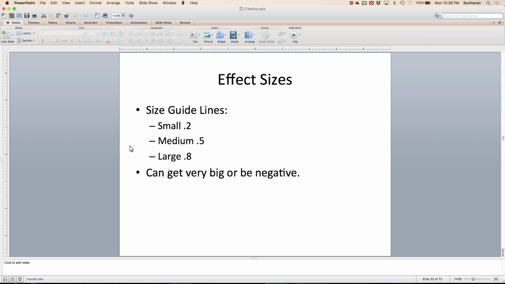So if you have an effect size of 1, that means there's a pretty big difference between the means. They can get very large, so 4 and 5 is not too unusual, and they can be negative. Negative just means one mean is smaller than the other. So most people report d as the absolute value because the negative doesn't really mean anything different than a positive. It just is the order that you subtract it in.